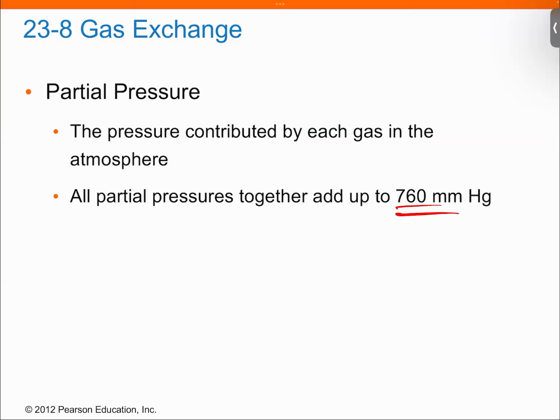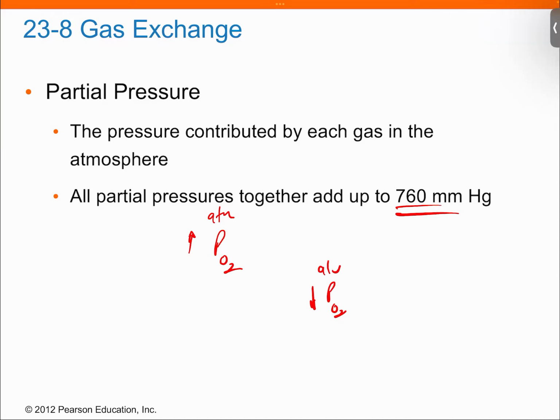So the partial pressures of the gases we're interested in exchanging are oxygen, primarily. We want to get that one in, right? And carbon dioxide. What does that mean? That means we want the partial pressure of oxygen outside, atmospheric, to be high, yes? And the partial pressure of oxygen inside, the alveolus, to be low. Why?